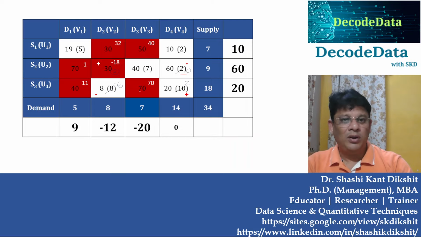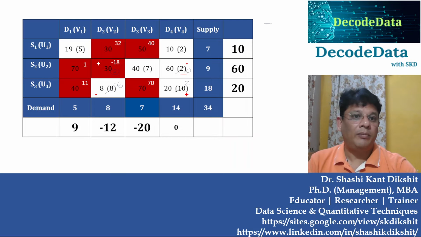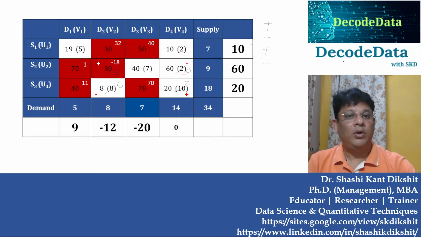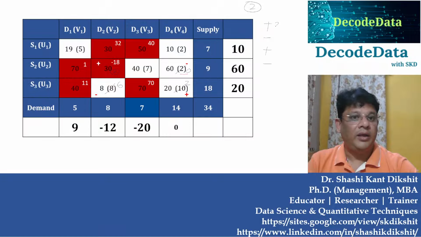So it's simple. You have my plus, minus, right? The number that you have selected to add here, subtract from here. So this was 0 allocation, so will be 2. This was basically 2, so minus 2.